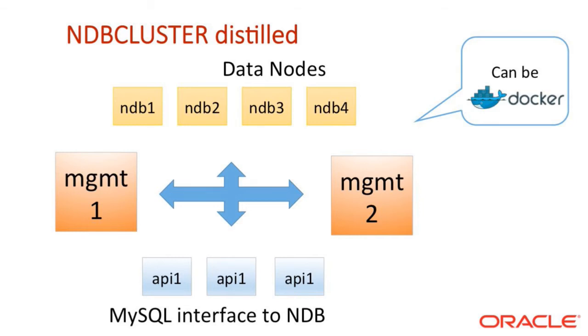We have API nodes, or simply saying it's a MySQL server with some modifications that can understand anything else, not only InnoDB or MyISAM. And we have a couple of management nodes. They don't need to scale at all. It's probably one is enough to run everything, but two is just to be sure if one fails.